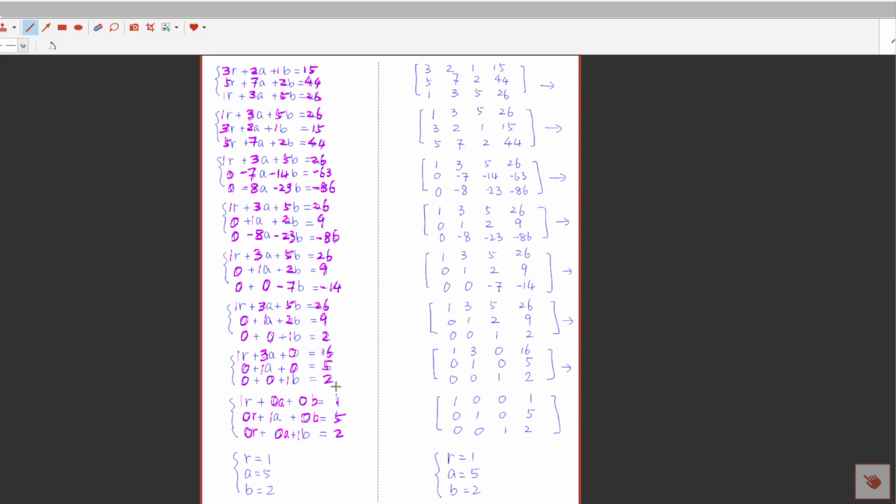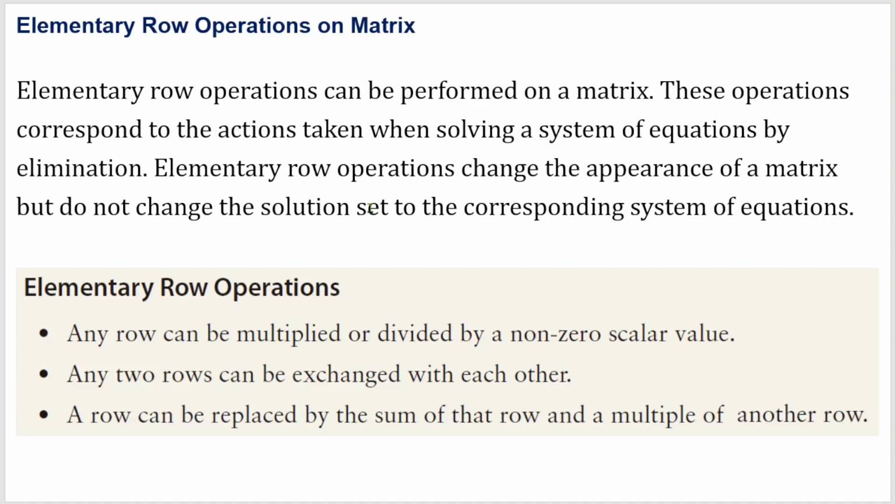So for each transformation or operation, you can't change the solution set. So each transformation or operation must be an equivalent transformation. So you can only do elementary row operations, which are defined as the operations you can do such that you do not change the solution set of the original system of equations.